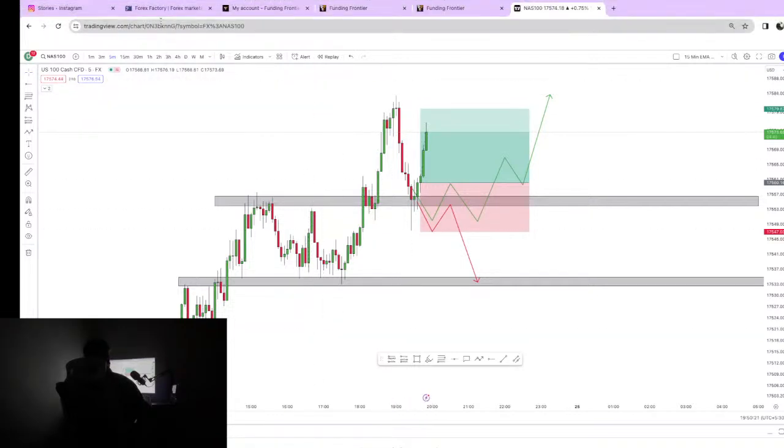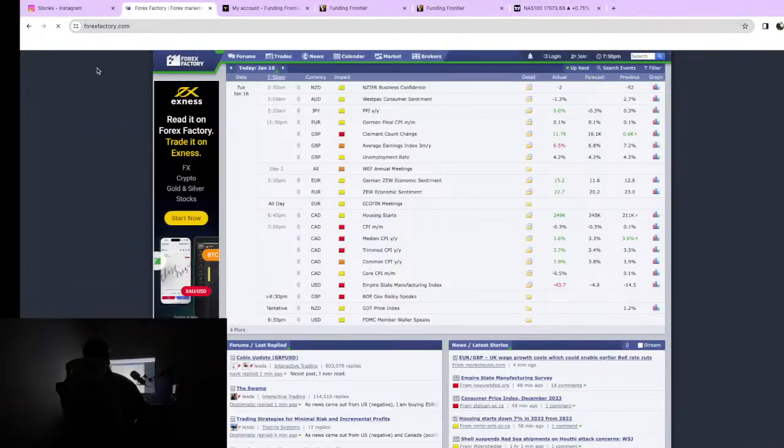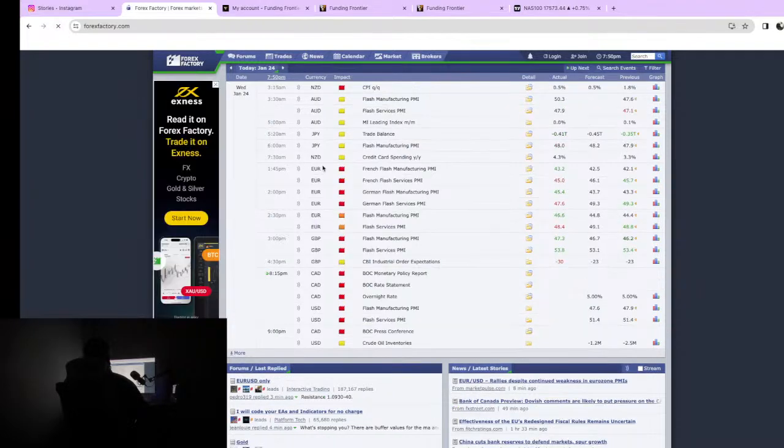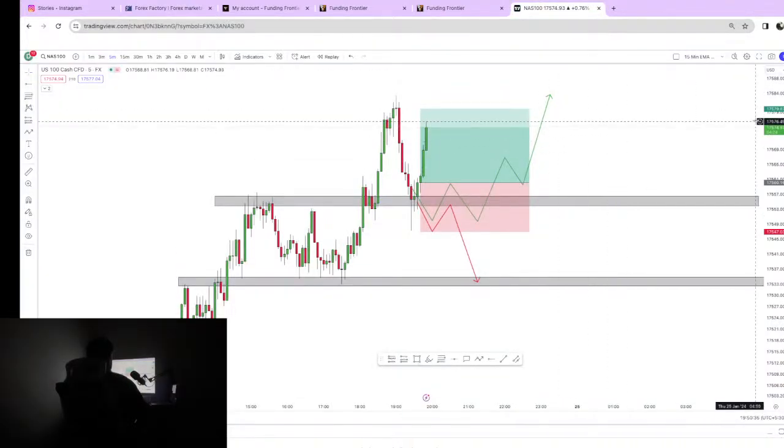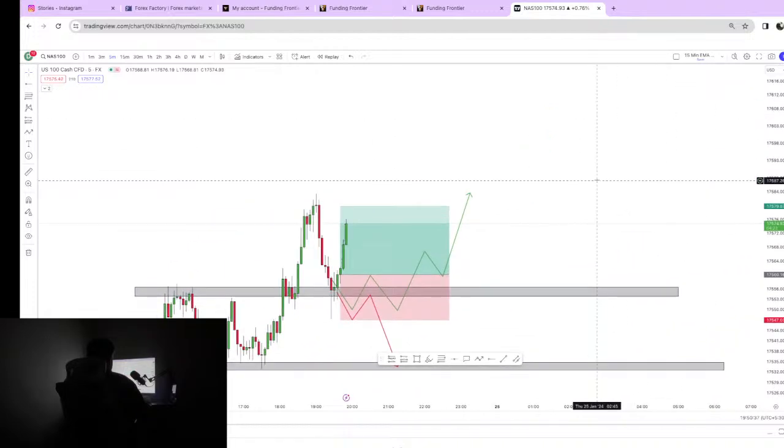Is there any news event today? Okay, at 8:15 there is a news event today. So we have to be in the market with proper stop loss in place.